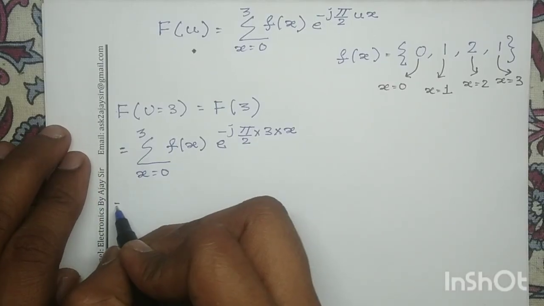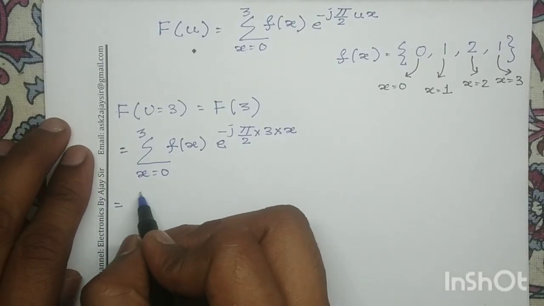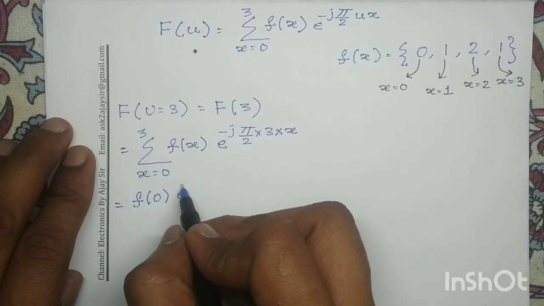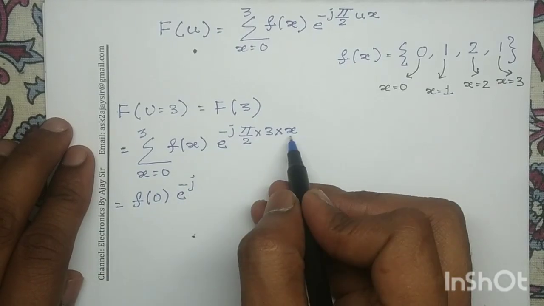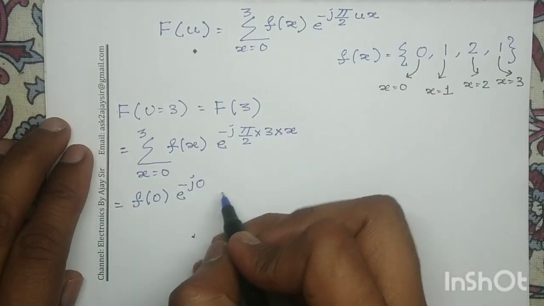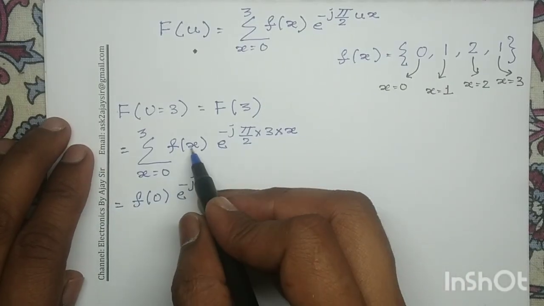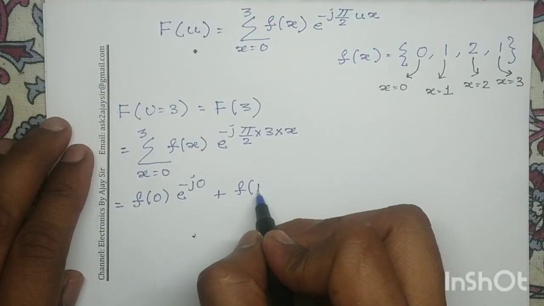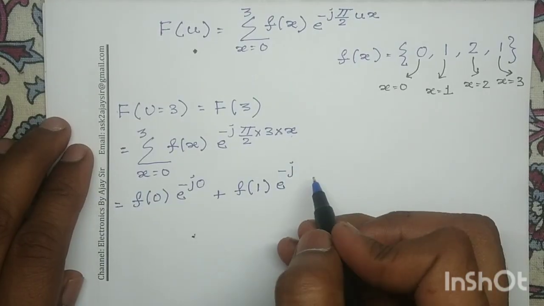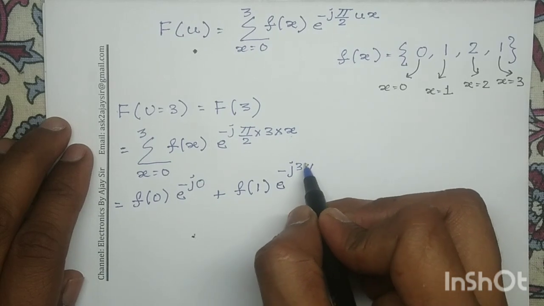So one by one, for x equals 0, this expression becomes f of 0 e to the power minus j0, in place of x substituting 0, plus for x equals 1, this term becomes f of 1 e to the power minus j 3 pi by 2.